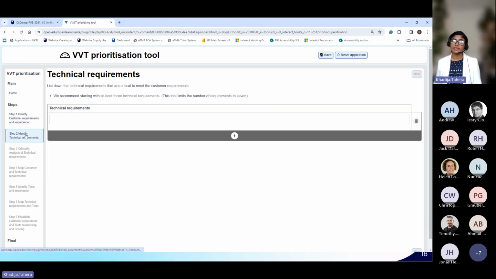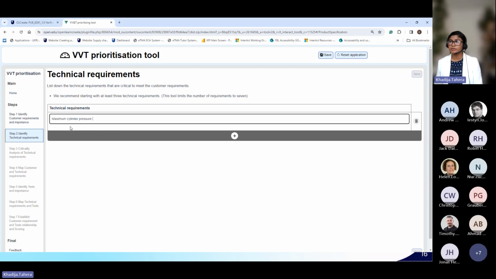Where we identify the technical requirements. Similarly to QFD, now you are thinking about the technical product specifications, the requirements that the product needs. From the engine example, while I'm copying, I have identified technical requirements.